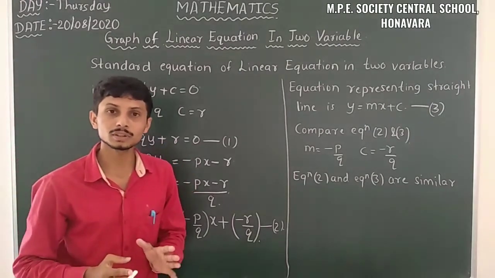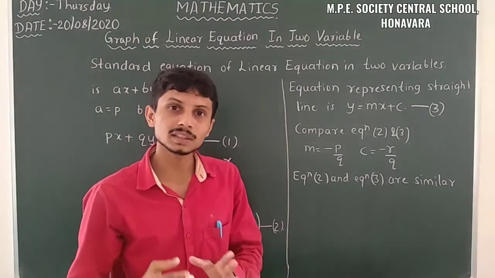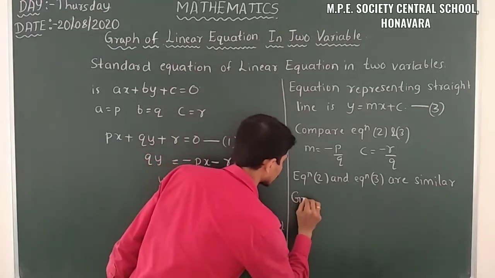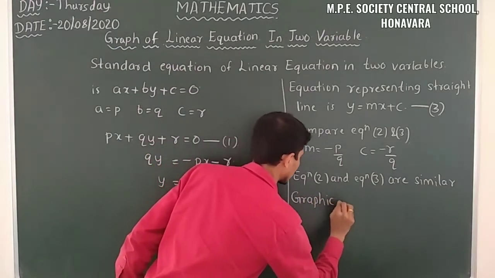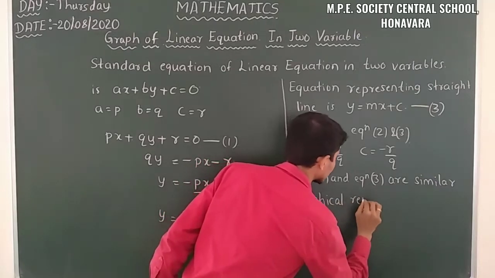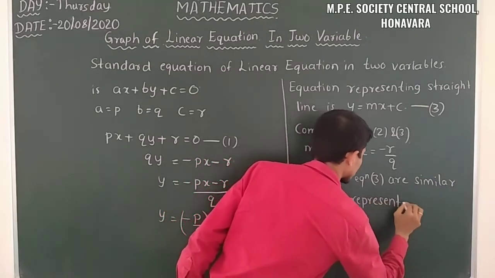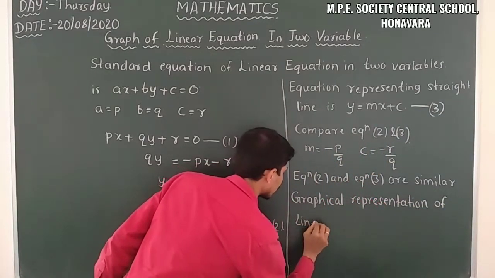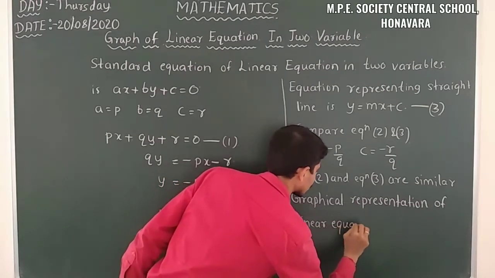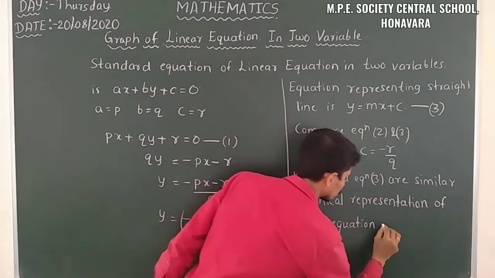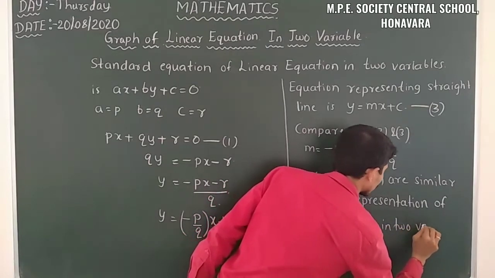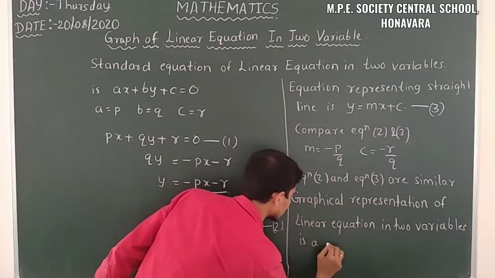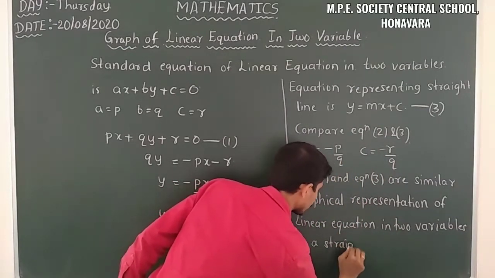That means the graphical representation of a linear equation in two variables is nothing but a straight line.